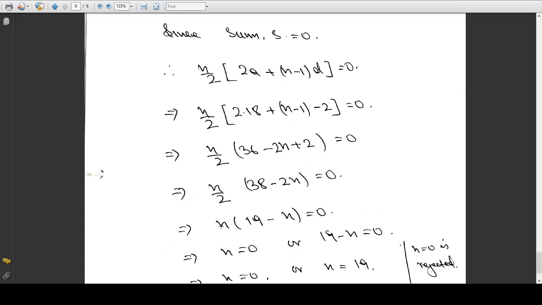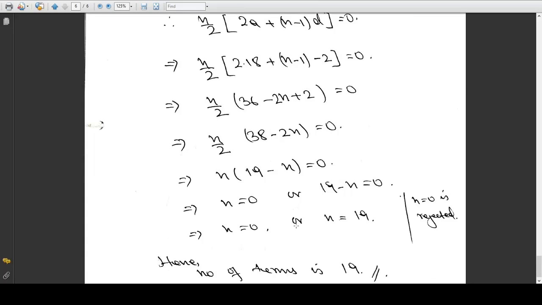If n multiplied by 19 minus n is 0, that means either n should be 0 or 19 minus n should be 0. N equals 0, or taking n to the right side, the minus will be plus, so n is equal to 19. If n is 0, the number of terms is 0, which cannot be, because there should be a first term, second term, third term, like that.